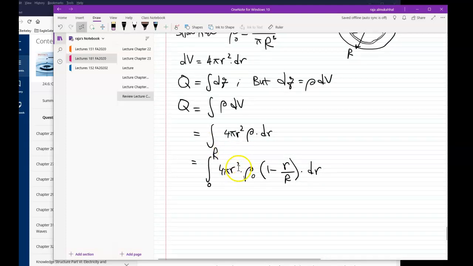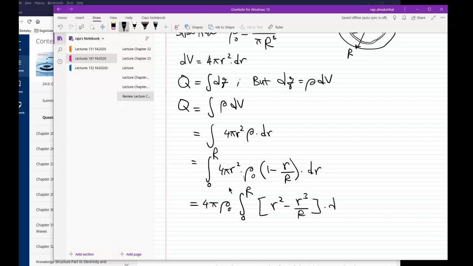Of course, rho naught here is a constant. 4 pi, of course, is a constant. Take them out. Clean it up a little bit. So I end up with 4 pi rho naught, integral from 0 to R of r squared minus r cubed over big R, dr. Right?